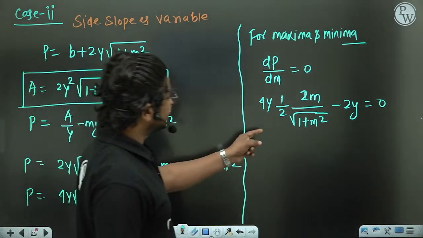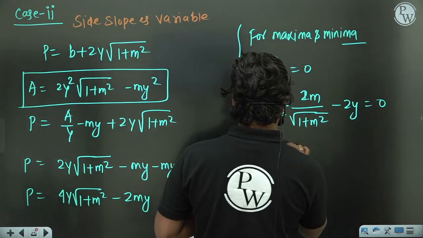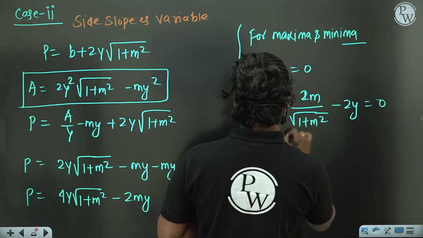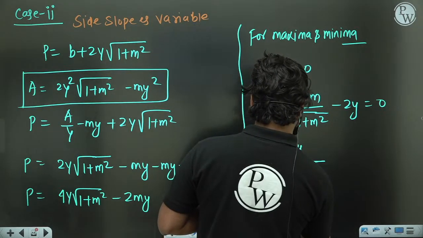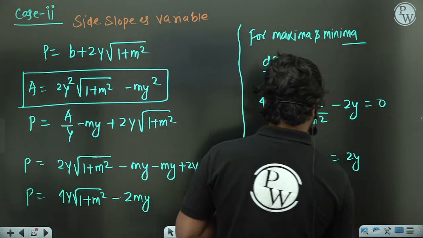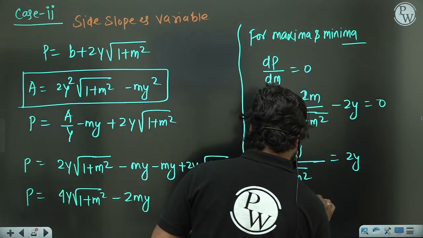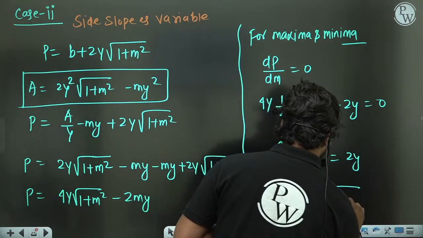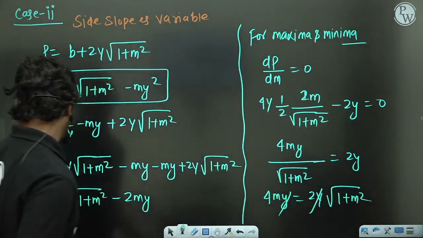So this becomes, sorry, 2 and 2 will get cancelled out now. 4my under root 1 plus m square is equal to 2y. So 4my is equal to 2y root under 1 plus m square. Y and y will get cancelled out.